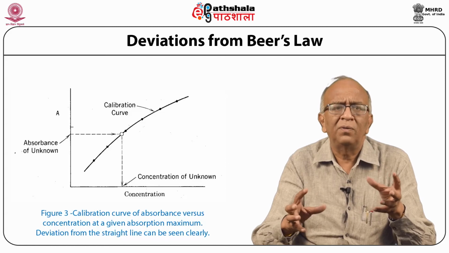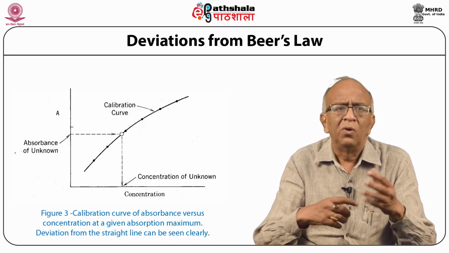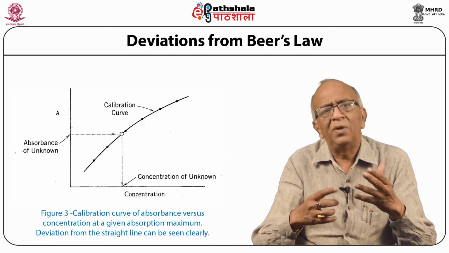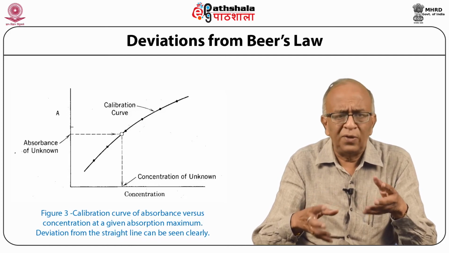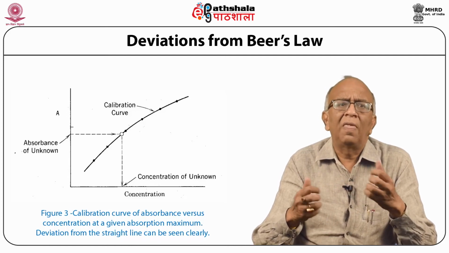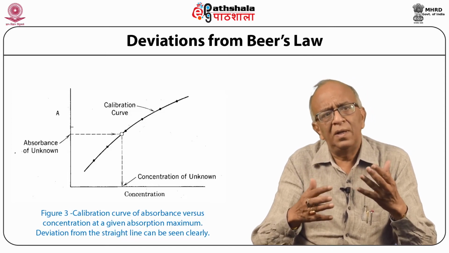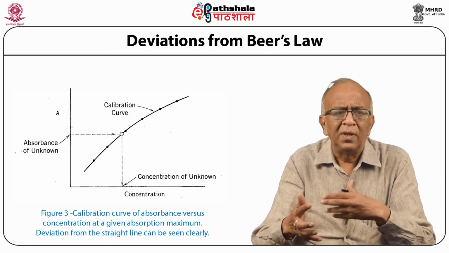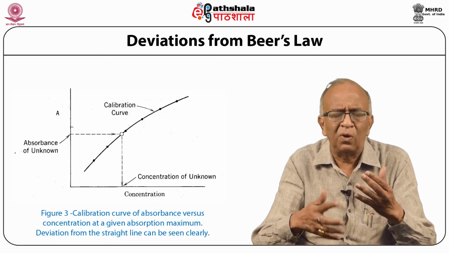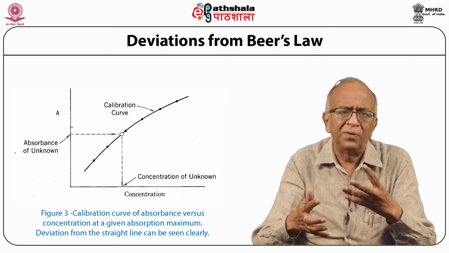These deviations may be due to two reasons. Reason number one, it may be due to the aggregation of the molecules of the analyte which we have taken. When radiation passes through it, the refractive index of the medium may change.